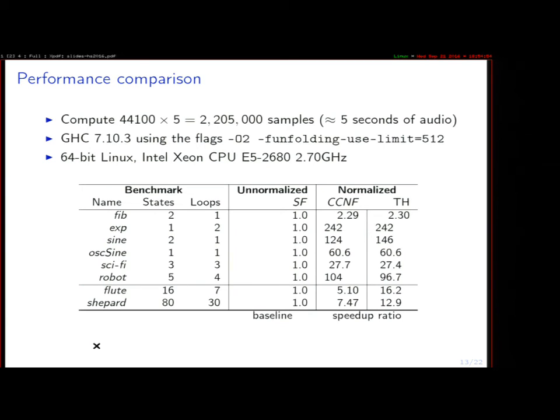So this is a performance comparison. We computed some number of samples for a set of programs. This set of programs is taken from our previous work, and we put in two more slightly bigger programs in sound synthesis, and we quantify their size by measuring how many local states and how many loop combinators they have in the source code.